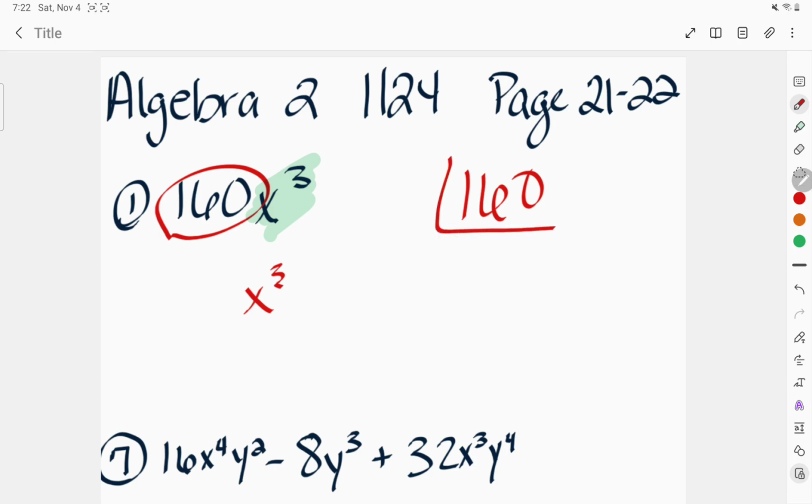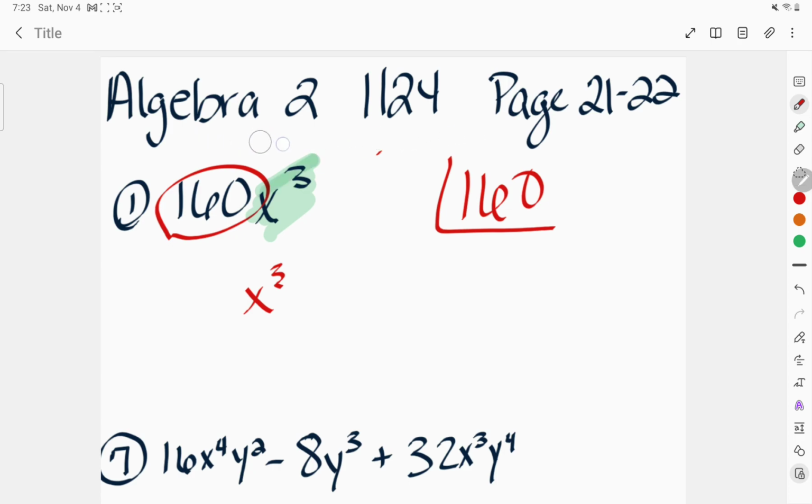So remember, prime numbers are numbers that can only be multiplied by 1 and themselves. So prime numbers are 2, 5, 7, 11, 13, 17, 19, 23, and so on, okay?